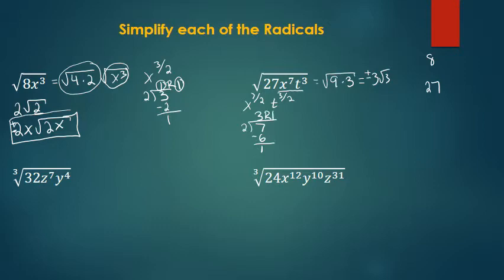So the exponent on the outside with the x is the 3, and on the inside is the 1. For my t, 2 goes into 3 1 time with a remainder of 1. So I have plus or minus 3 on the outside.